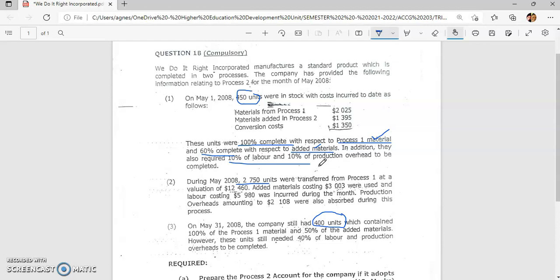So they need an additional 10% of our conversion cost in order to complete these 450 units. So it will be 10% with respect to labor, 10% with respect to production overhead. So let's see what our equivalent units are with respect to labor and production overhead.